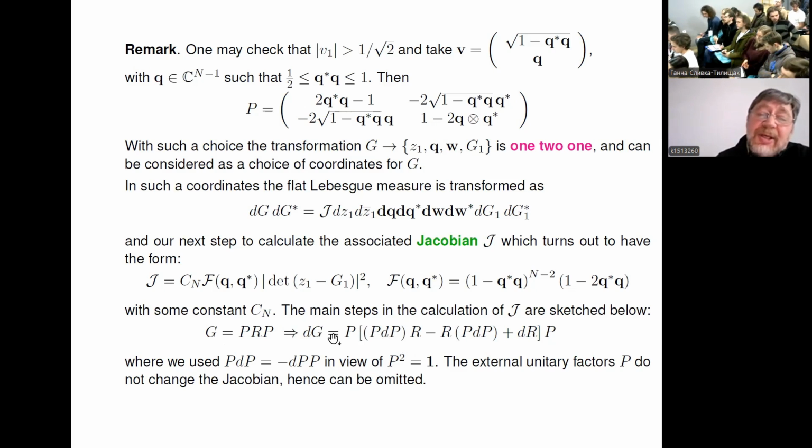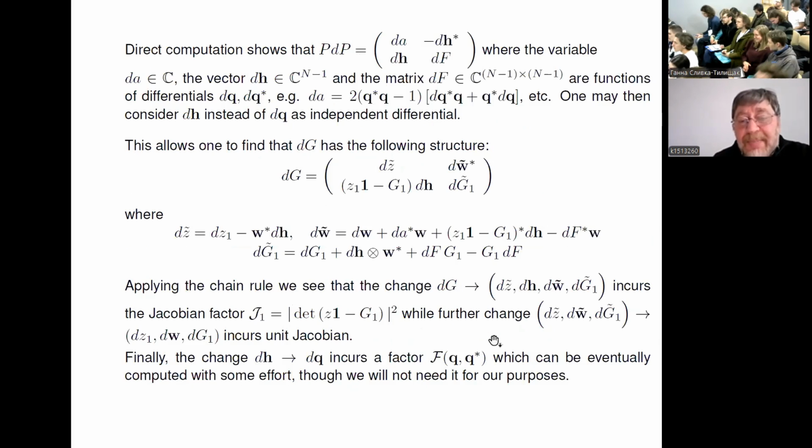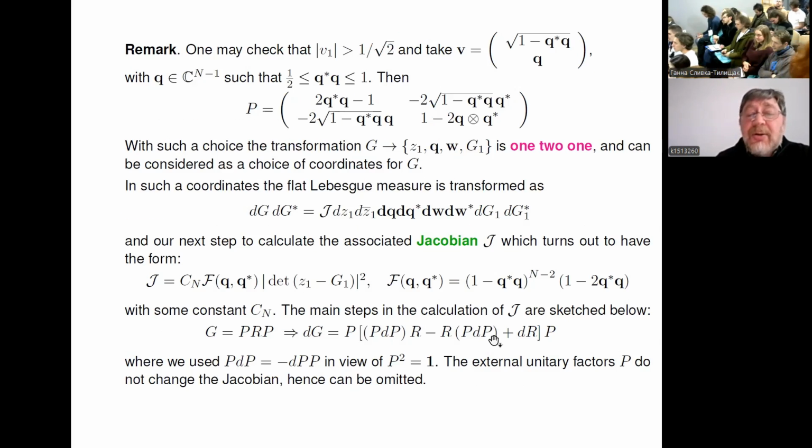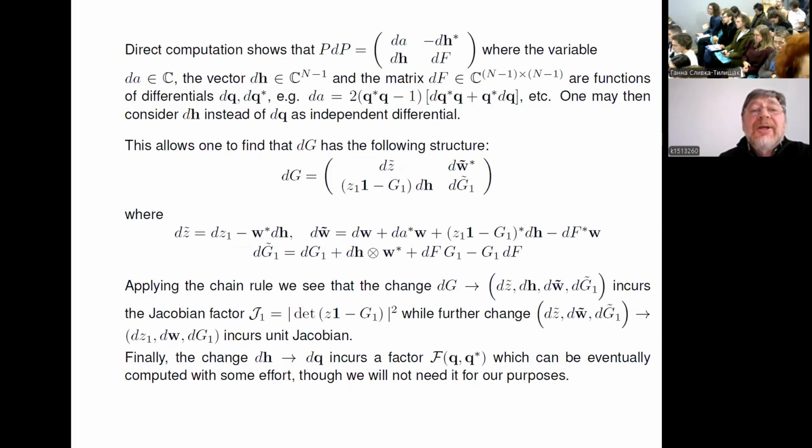Then one writes the differential of G in new coordinates, extracting factors P outside, because external factors which are unitary won't change the Jacobian and can always be omitted.